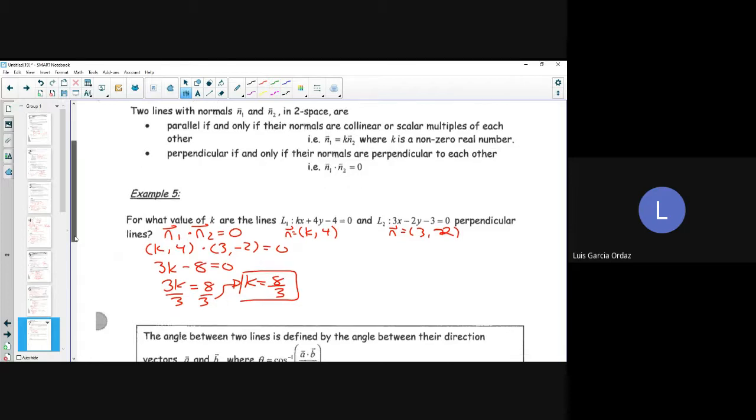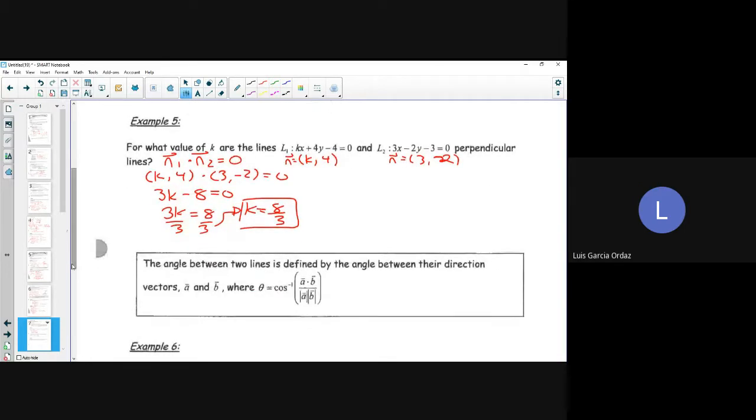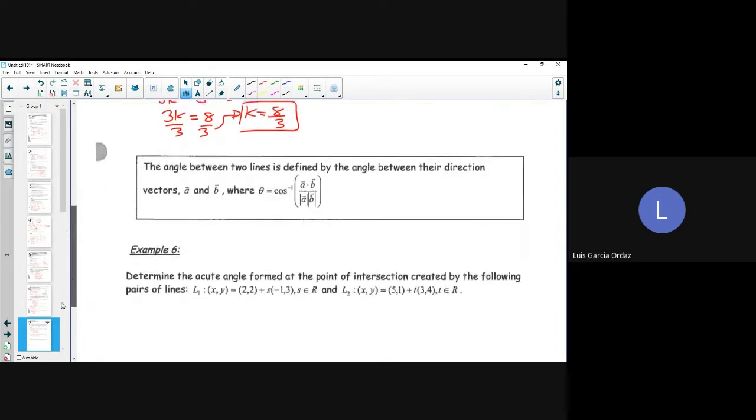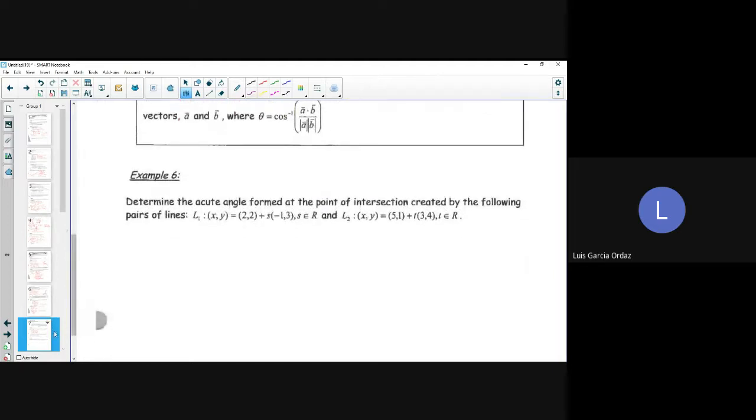Now we're going to get into some bit of a trick. The angle between 2 lines is defined by the angle between their direction vectors A and B, where theta is equal to the cos inverse of A dot B over the magnitude of A times the magnitude of B. So I want to determine the acute angle formed at the point of intersection for the following pair of lines.